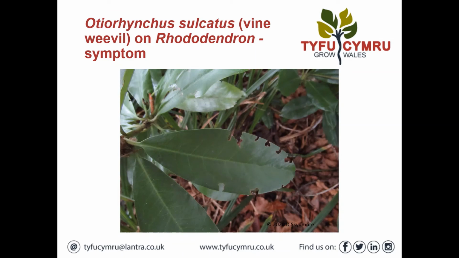This symptom is also reasonably characteristic. You can see the edges of the leaves have been eaten away into notches. This is Rhododendron, and these have been grazed by vine weevils.